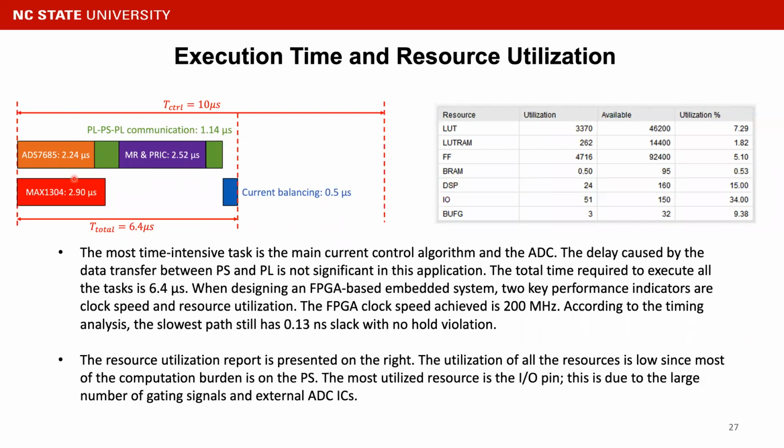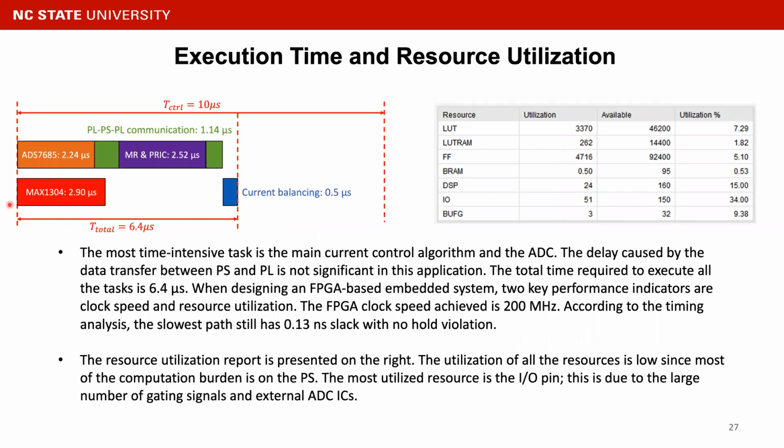As you can see, the ADS7685 IC chip is in charge of the sampling of the grid voltage and grid current, while the MAX1304 is in charge of the sampling of all nine subphase currents.